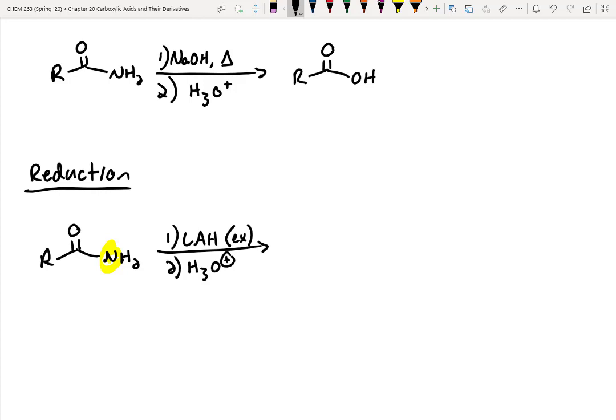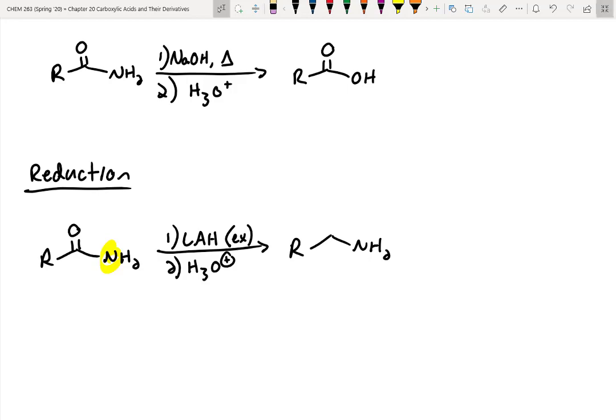All right, in this case, instead of getting an alcohol, what's interesting is you end up getting an amine. All right, so it's a little bit tricky. Often students are tempted to show an alcohol as the product, but try to remember when you reduce an amide, you always get the amine.